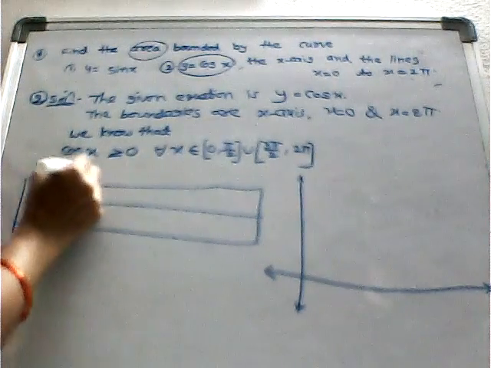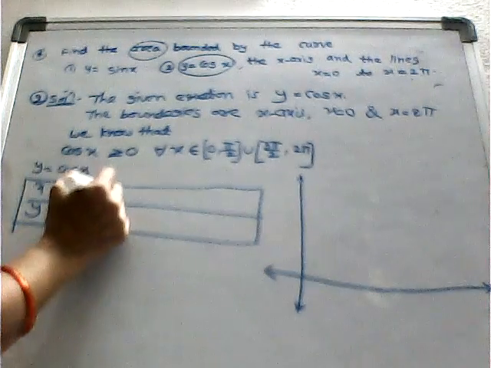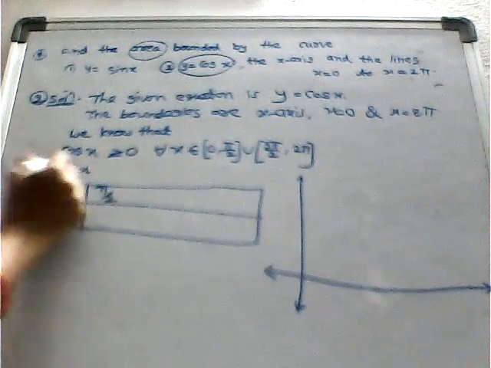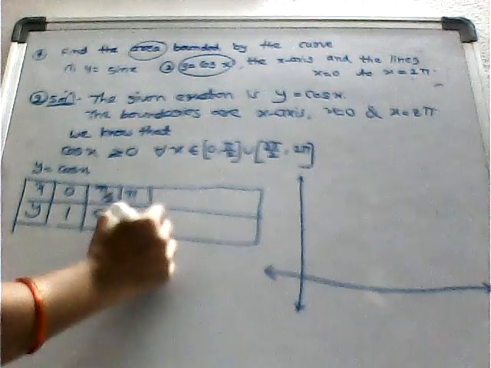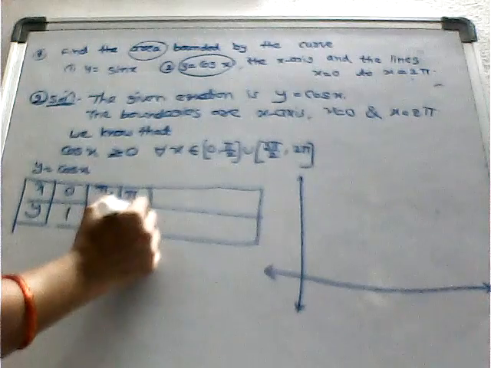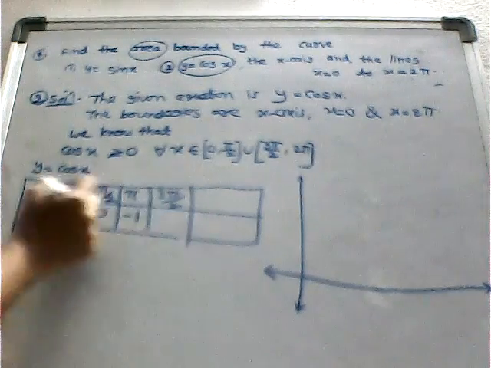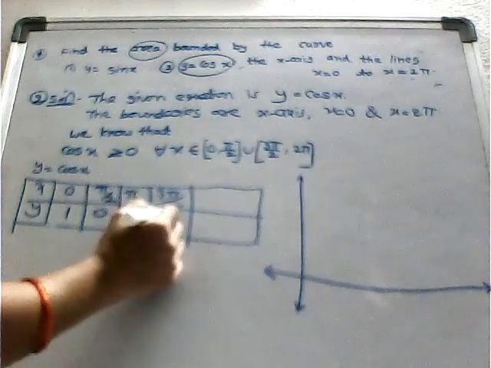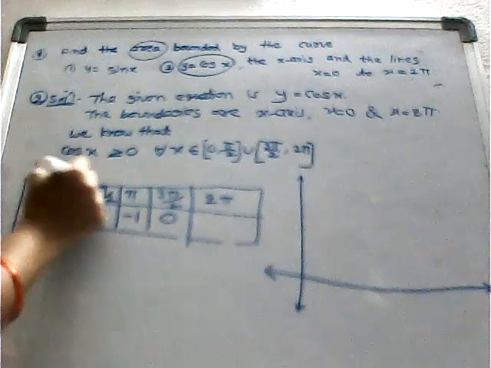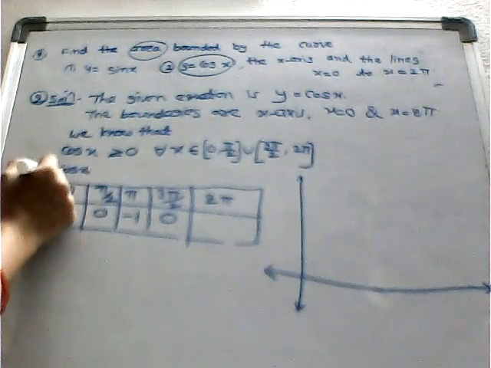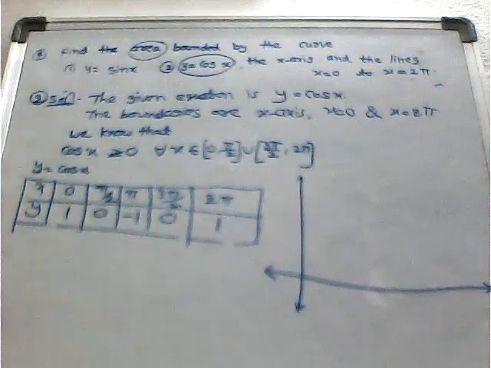X is equal to 0, then cos 0 is equal to 1. X is equal to pi by 2, then cos pi by 2 is equal to 0. X is equal to pi, then cos pi is equal to minus 1. X is equal to 3 pi by 2, then cos 3 pi by 2 is equal to 0. X is equal to 2 pi, then cos 2 pi is equal to positive 1.